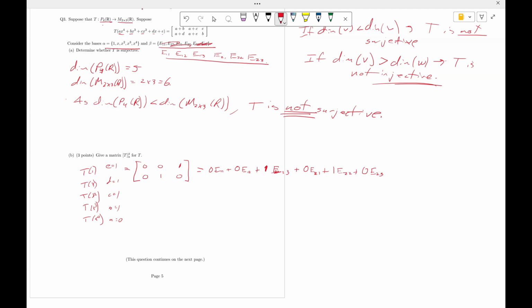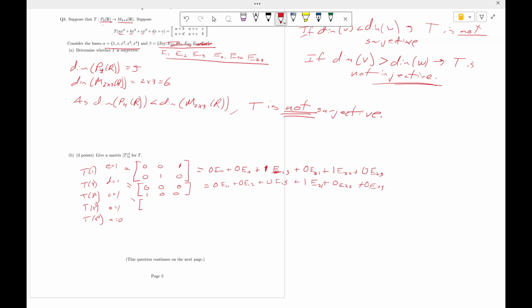Here, my next piece, d being 1, this becomes 0 e11 plus 0 e12 plus 0 e13 plus 1 e21 plus 0 e22 plus 0 e23.